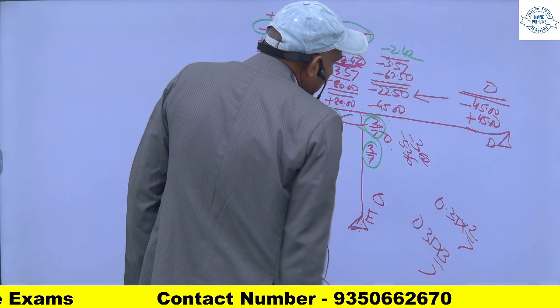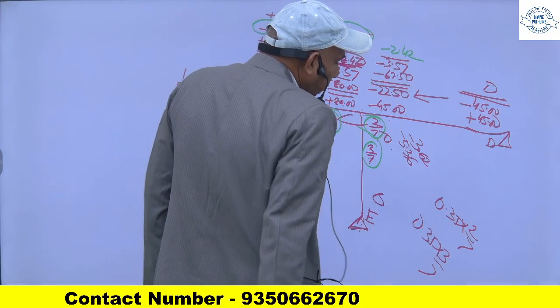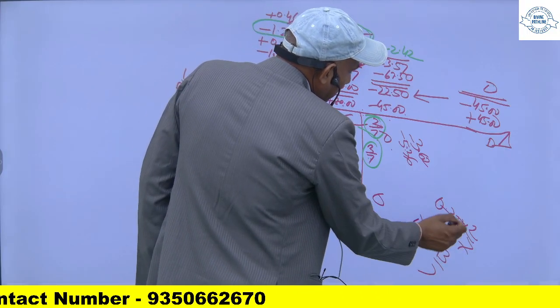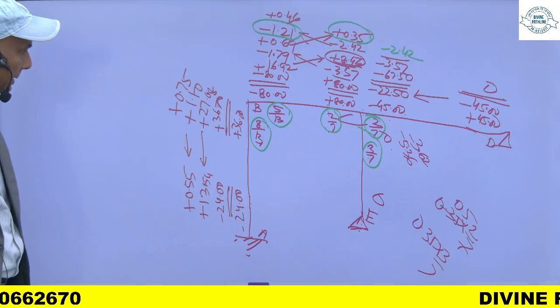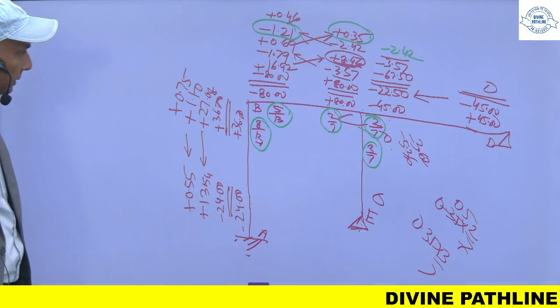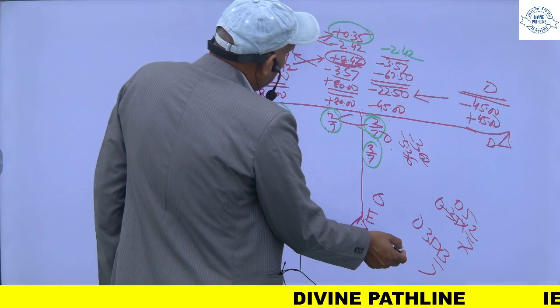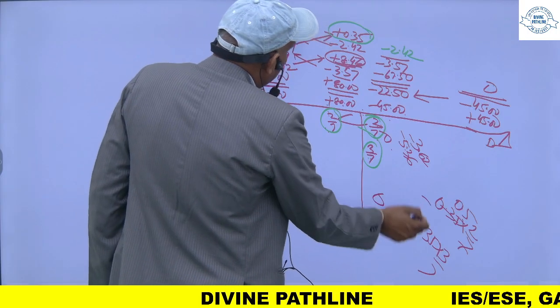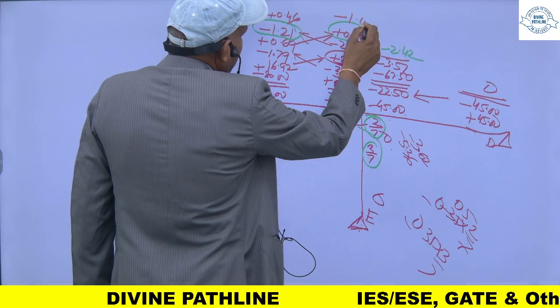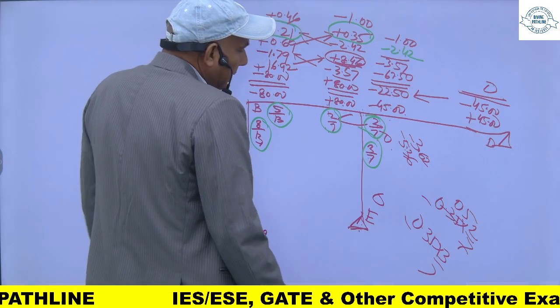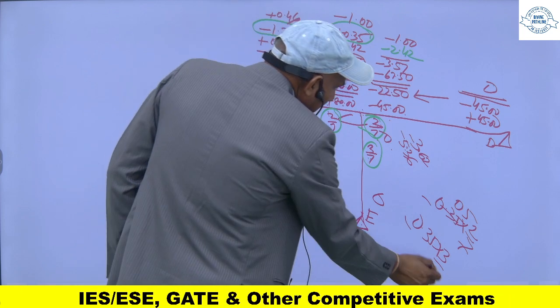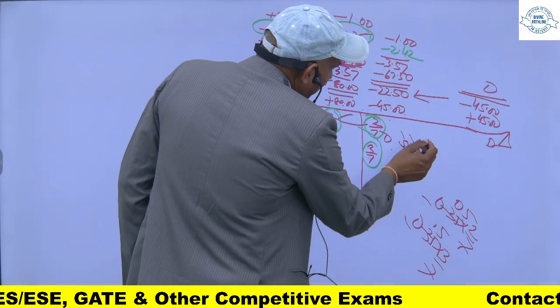So this will be minus, since this is plus, so it will be minus 0.1. This is 0.1, and for this it will be 0.15.